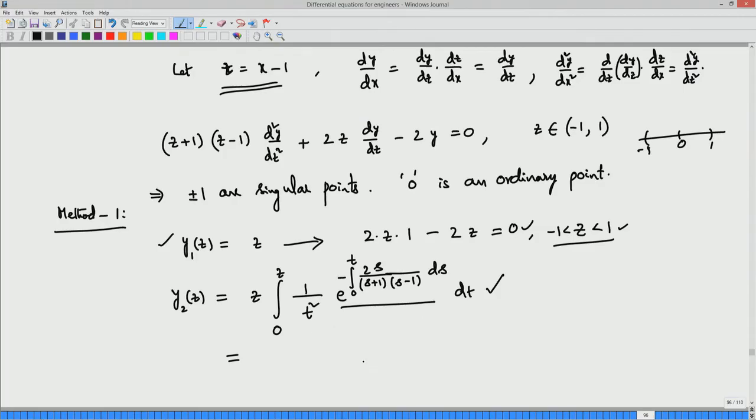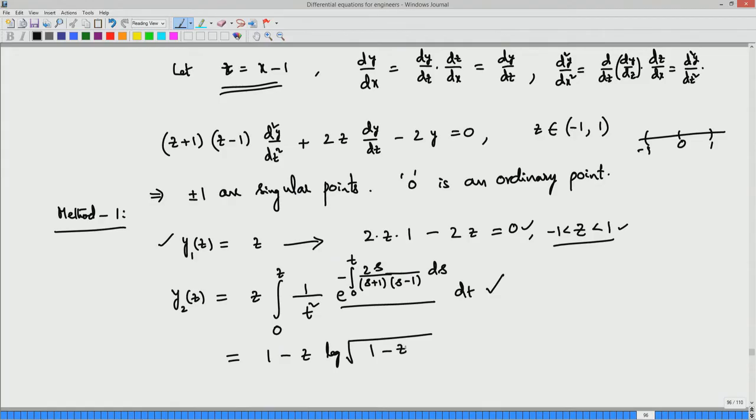So, you finally get 1 minus z times log square root of the modulus of z plus 1 over 1 minus z, which simplifies to 1 minus z square.